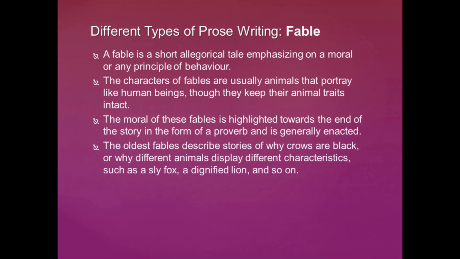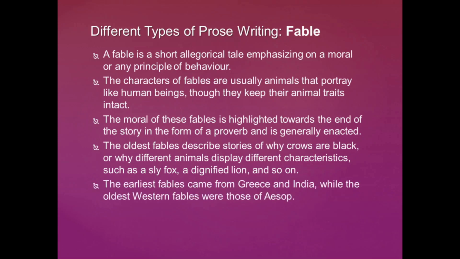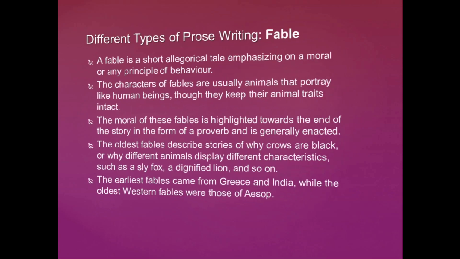The oldest fables describe stories of why crows are black or why different animals display different characteristic features, such as a sly fox, a dignified lion, and so on. The earliest fables came from Greece and India, while the oldest Western fables are normally accredited to Aesop's fables.